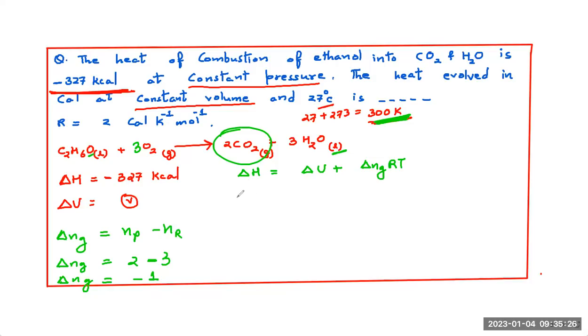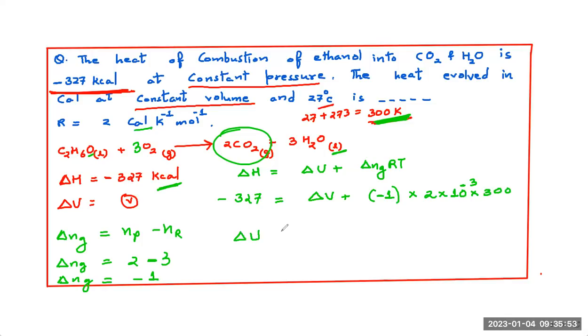Now I'm substituting. This is 327 evolved. I want to find delta U. Delta Ng is minus 1. R, they have given me 2 calorie. But since this is in kilocal, R they have given me in cal. This is in kilocal. So I'm converting R to kilocal by multiplying by 10 to minus 3. And temperature, they have given me 27 degrees. That is 300 Kelvin.